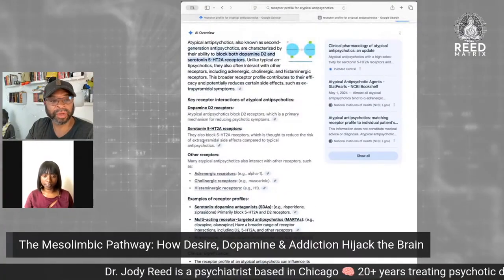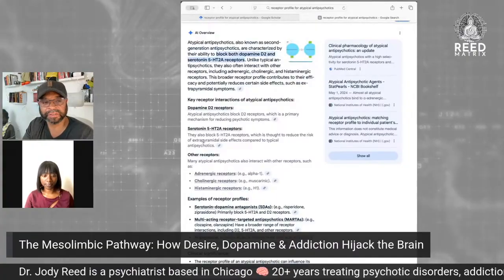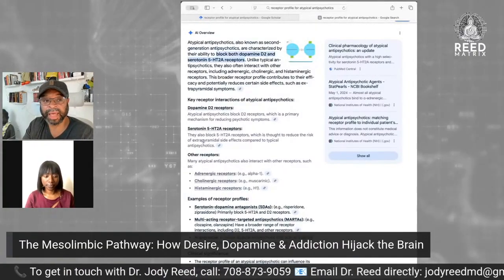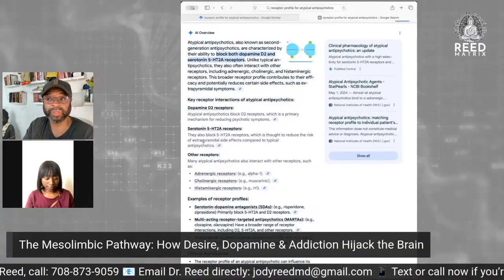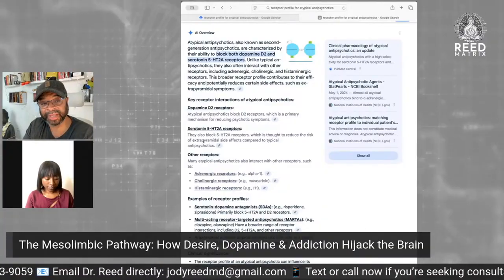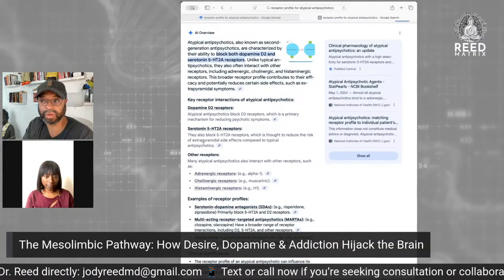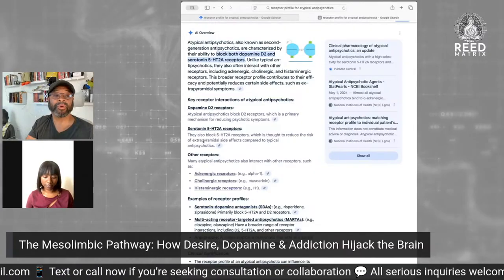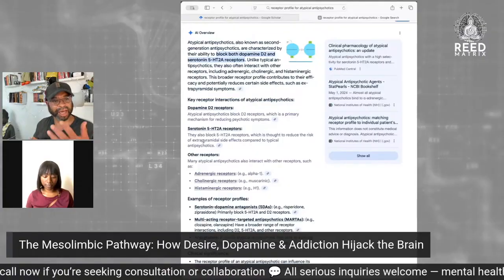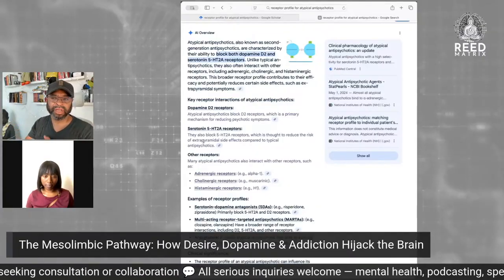And so when we start seeing disturbances in the mesolimbic pathway, in many cases we can use atypical antipsychotics for those issues because the receptor profile seems to match a lot of the receptor profiles on that mesolimbic pathway.